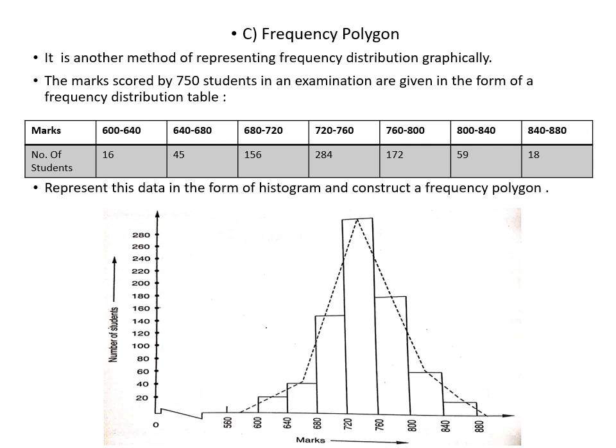In the second class interval, that is 640 to 680, the class mark is 660. So again there is a mark on this. With this, see the last, 840 to 880. The class mark for this is 860. So it's nothing but the midpoint of that particular rectangle.